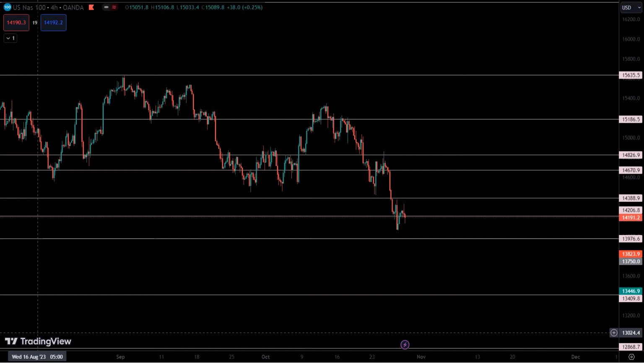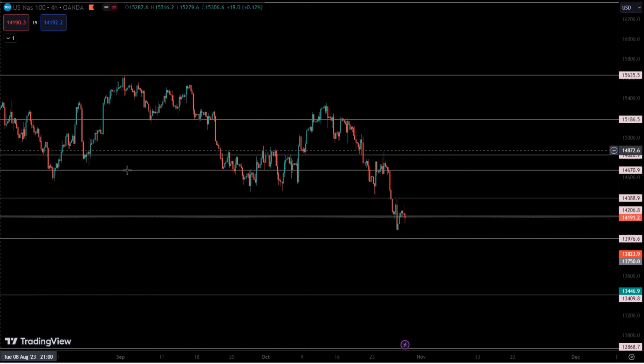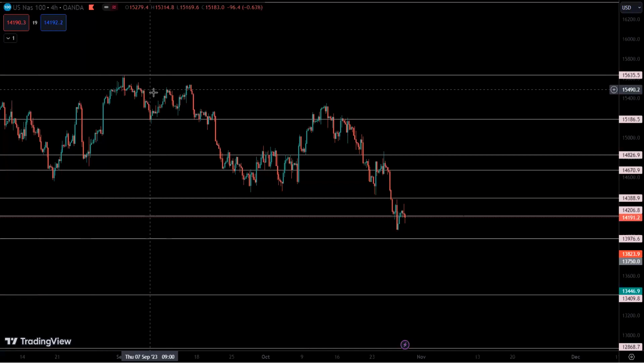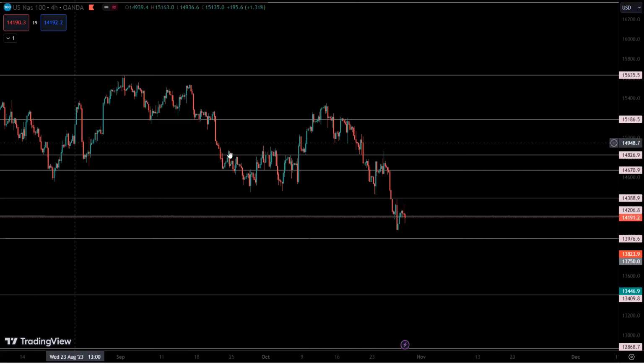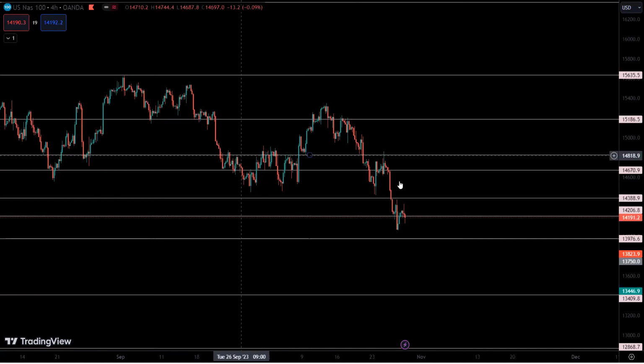Sometimes with these longer and higher time frames, if you look at this 1 hour chart, 4 hour chart, and you look at certain things, let's say, what's a good point here? And let me annotate.